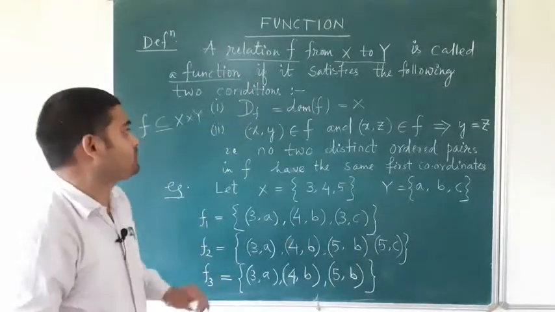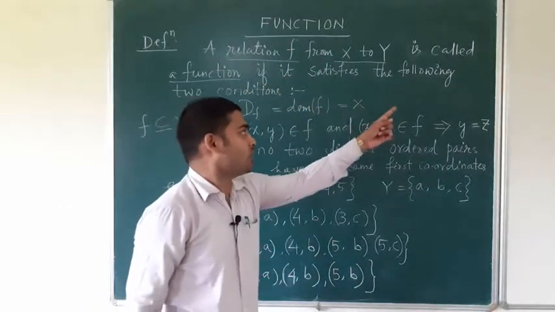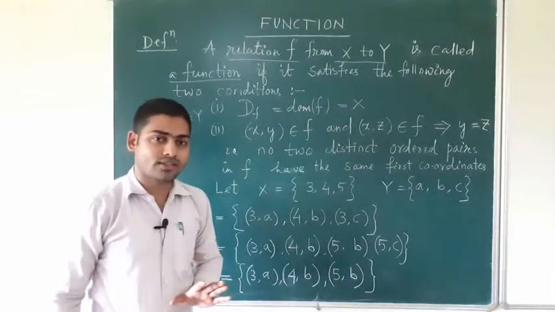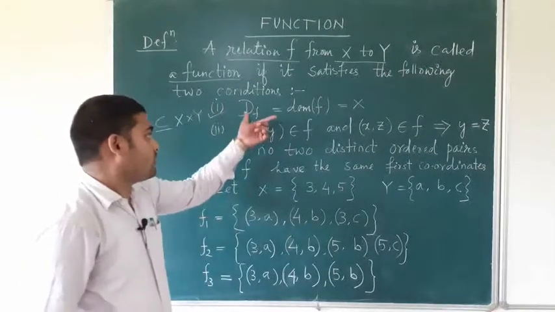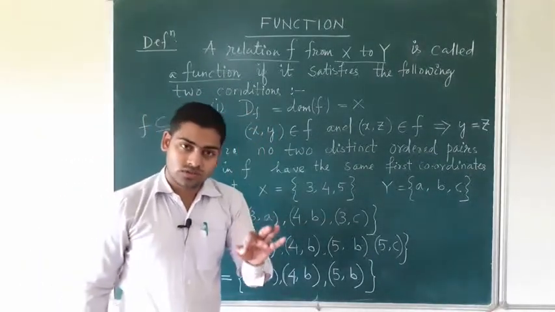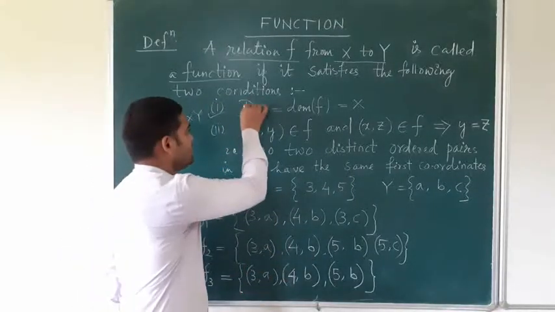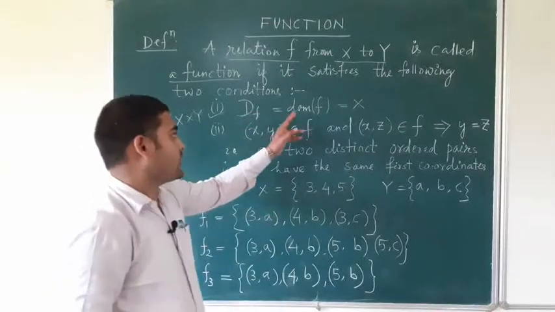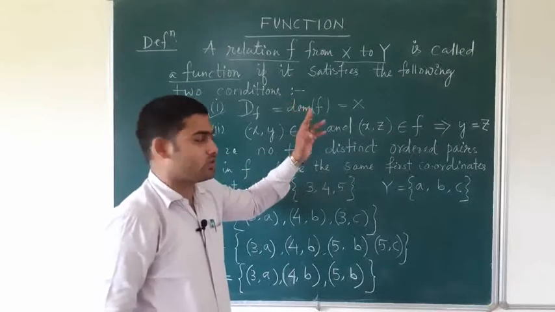if it satisfies the following two conditions. What are they? First, the domain of the relation, you can write D f or you may write dom of f, domain of f.